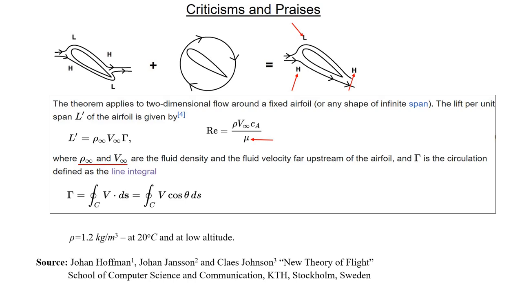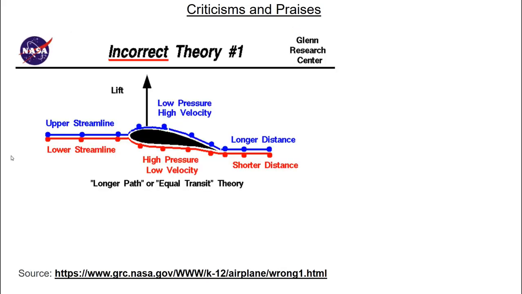Solution of simple-shape fluid flow in pipes, channels and wings, in which an airfoil is a rectangular plate or plank. Longer path, equal transit time theory based on the Bernoulli hydrodynamics equation.